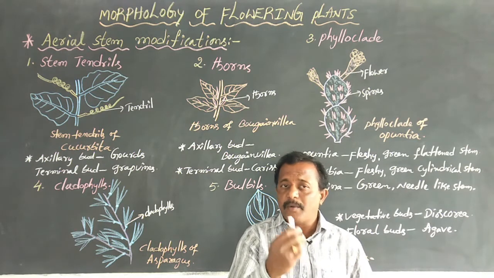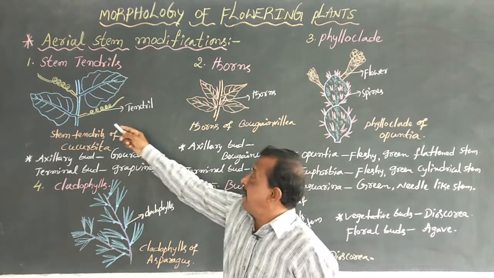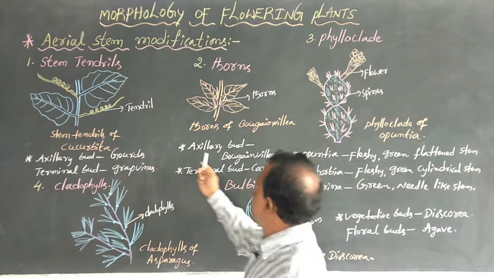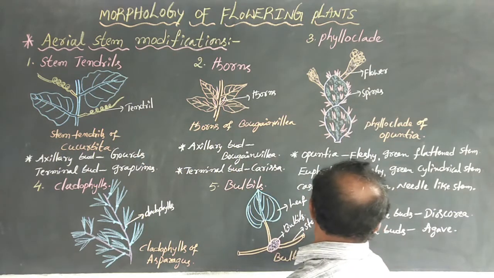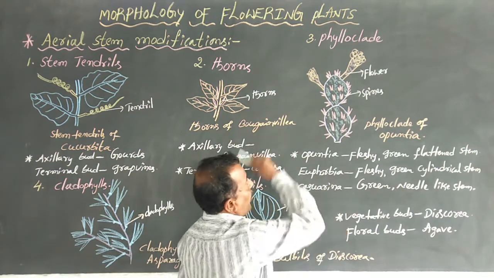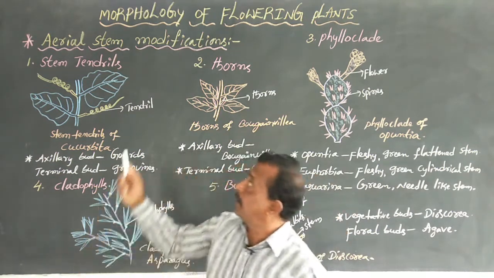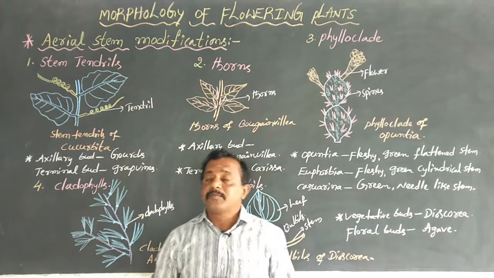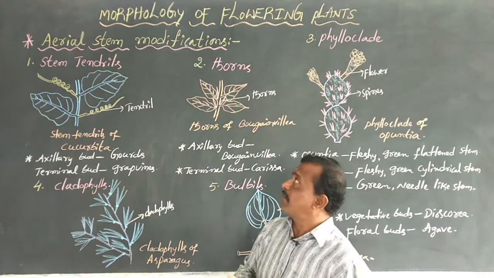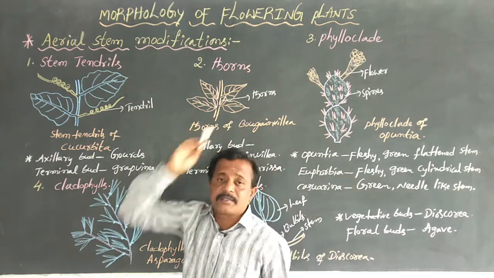The modifications of aerial stems, vegetative buds and reproductive buds of plants, that is called aerial stem modifications. These aerial stem modifications are of 5 types.